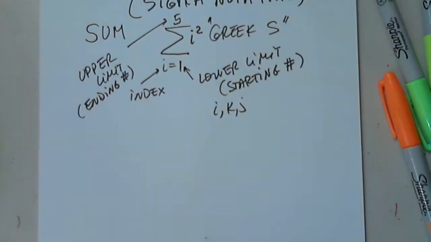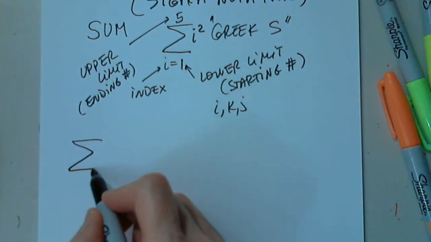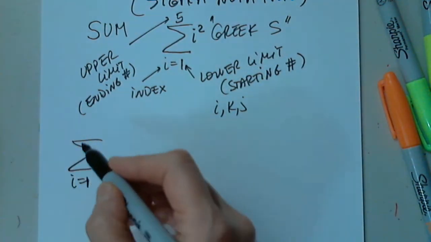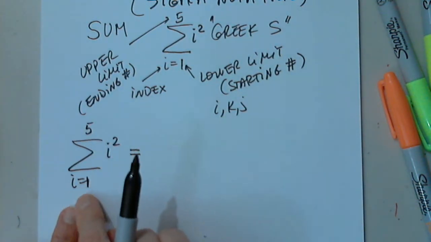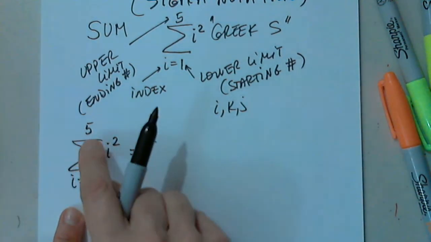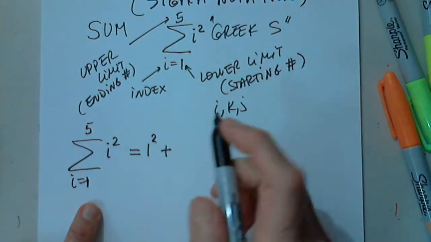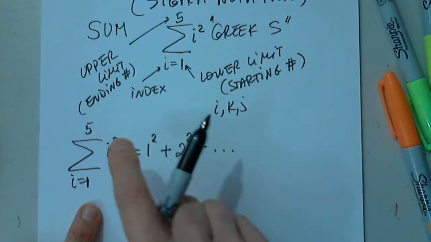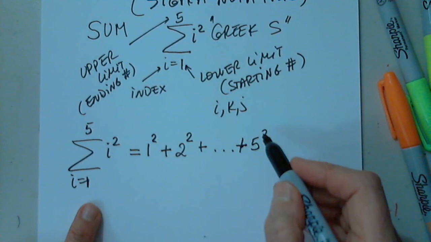So what does this mean? The sum from i equals 1 through 5 of i squared means this. When i is 1, I have 1 squared. The sum says plus. When i is 2, I have 2 squared plus dot, dot, dot, when i is 5, so plus 5 squared.